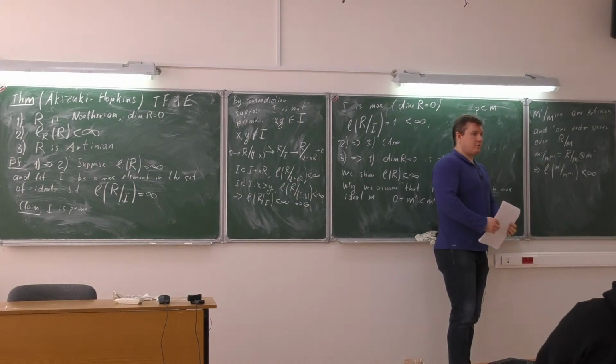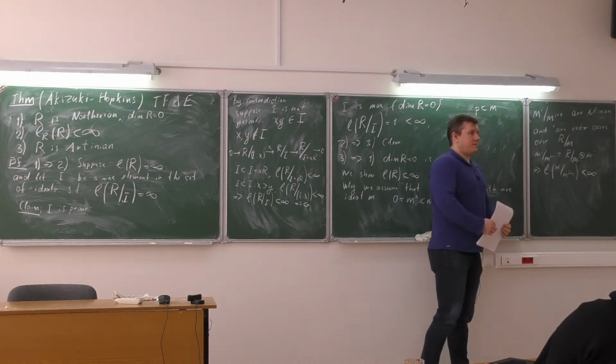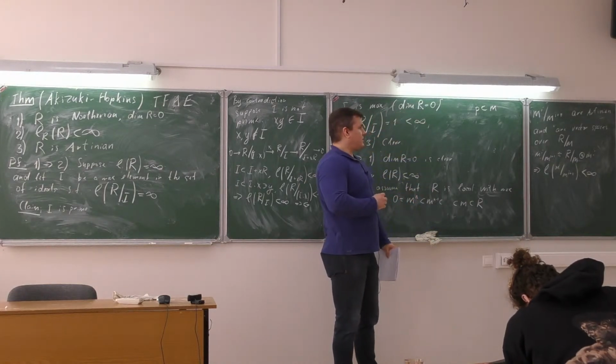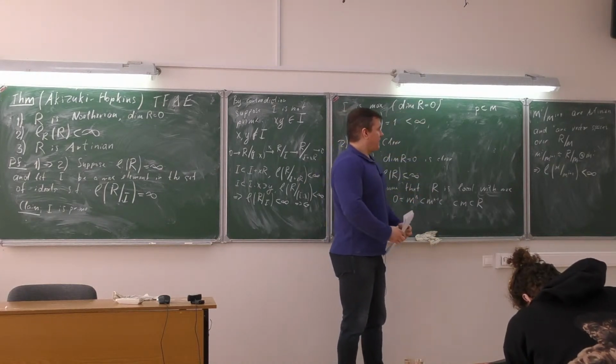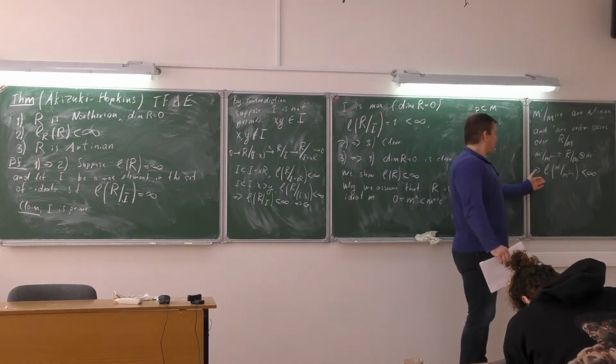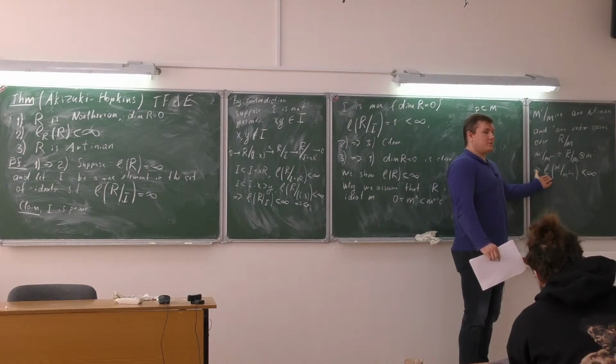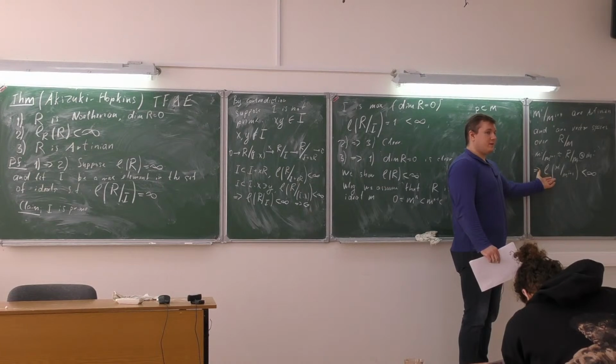So that's a finite dimensional vector space. In an infinite dimensional vector space, you can construct a descending chain. And if this is a finite dimensional vector space, the length of a finite dimensional vector space is exactly the dimension of this vector space. So the dimension is finite, the length is finite.